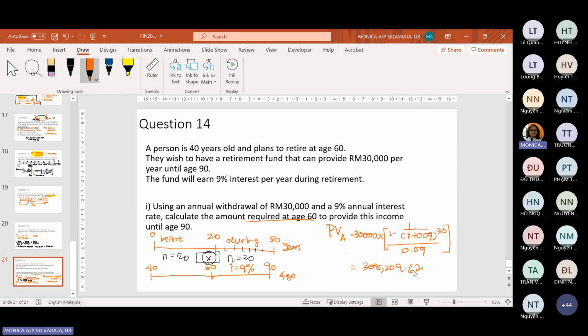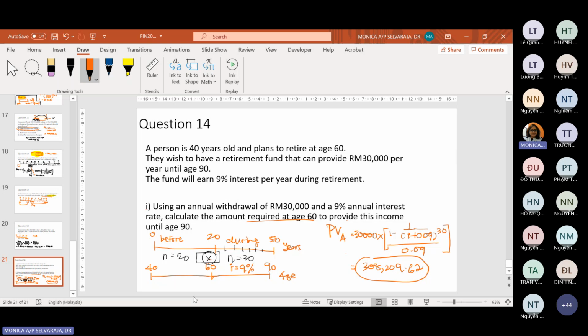This is the one she needs. Okay, guys. So at the 20th year, I mean, at 60 years old, she will need this amount. Once she has this amount at 60 years old, she will be able to withdraw 30,000 every year.